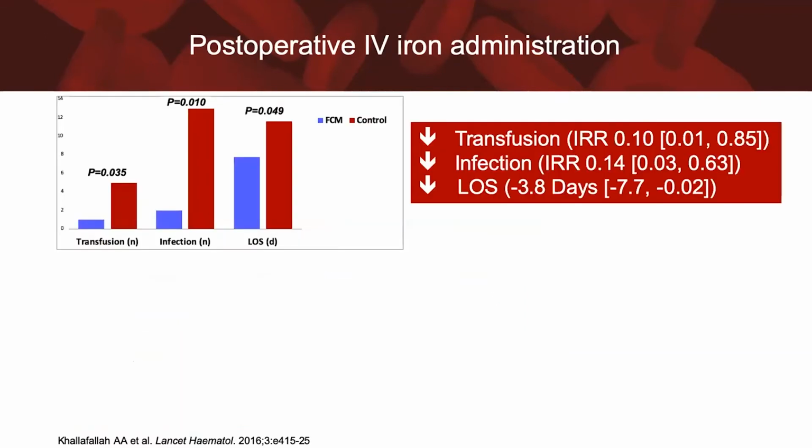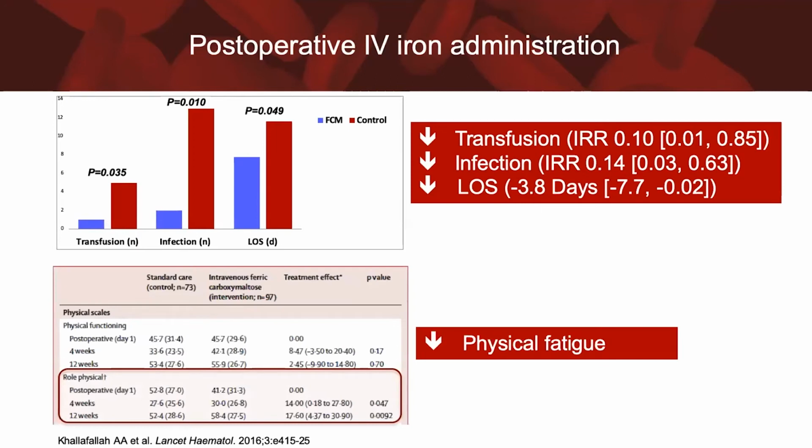But most importantly, patients who received IV iron had less transfusion, less postoperative infection, and a shorter length of stay after surgery. And also, they had less physical fatigue at 4 and 12 weeks postoperatively. So IV iron in the postoperative period is efficient to increase hemoglobin, but also to improve outcomes of the patients.